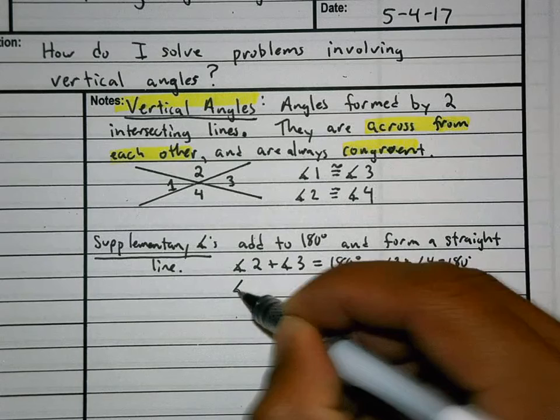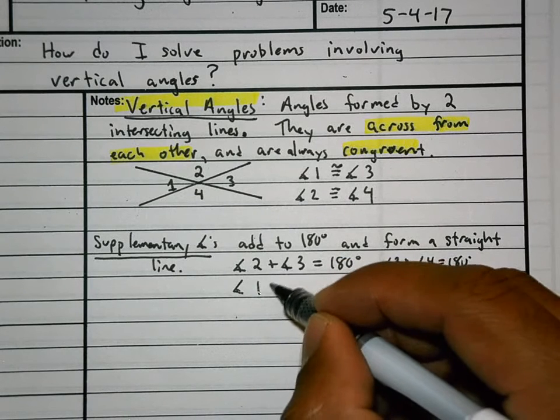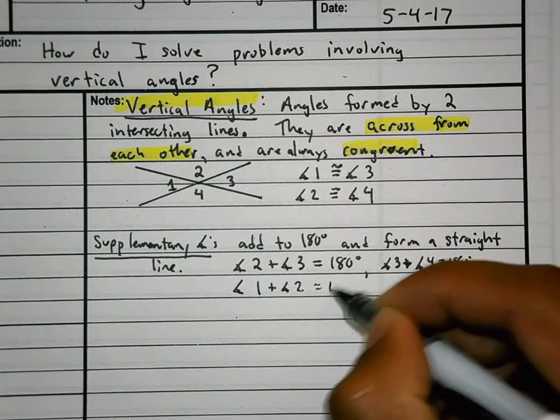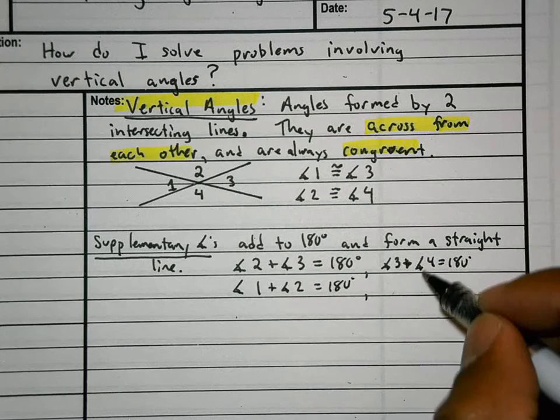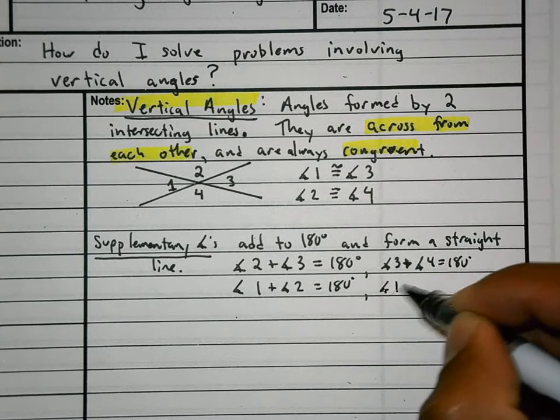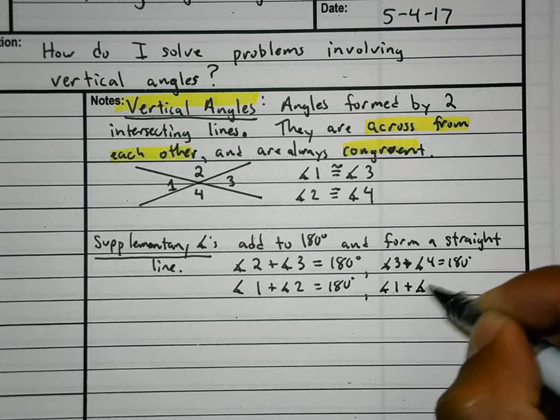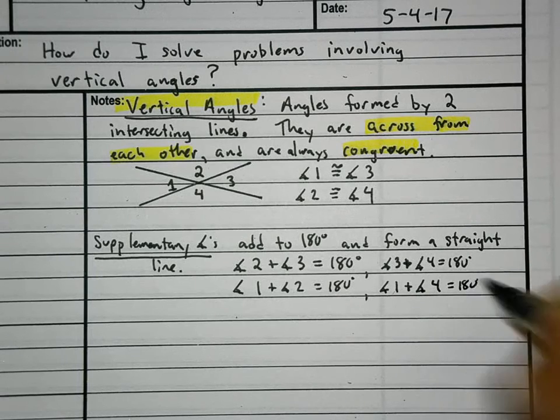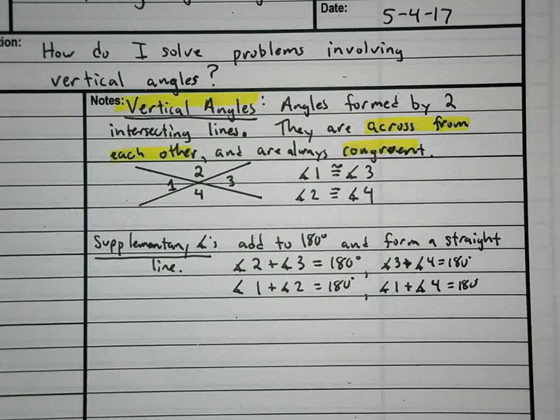So I'm just going to write those examples down. 1 plus 2 is 180. We did 3 and 4. Now I need 1 and 4. Just so you're aware, those are supplementary angles.